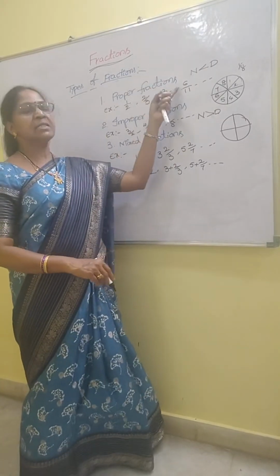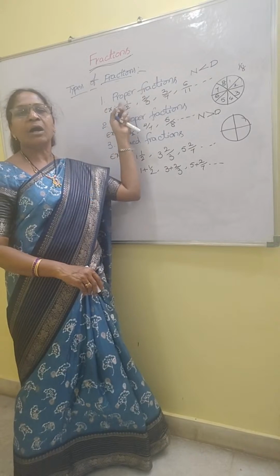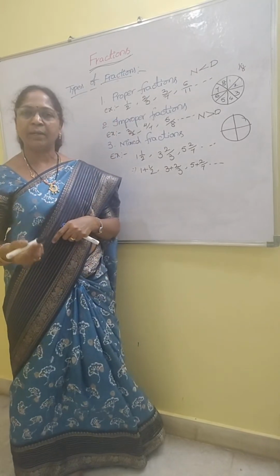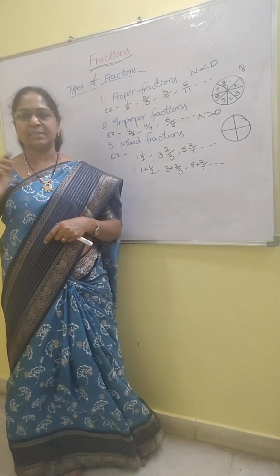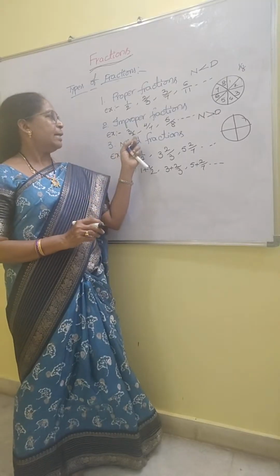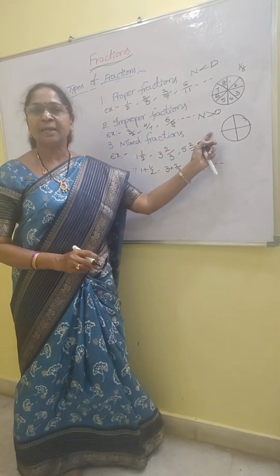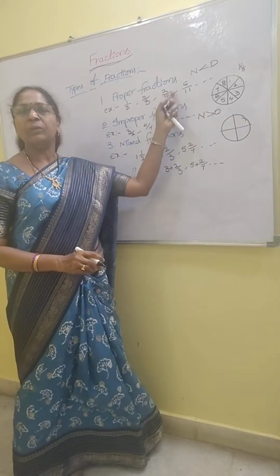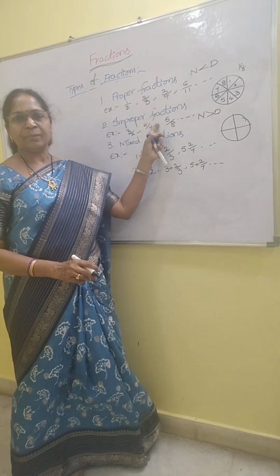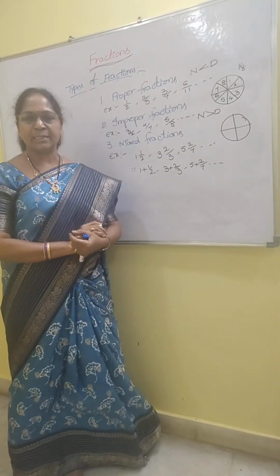Proper fractions are those where the numerator value is always less than the denominator. Improper fractions are where the numerator value is always greater than the denominator, just the reverse of proper fractions.